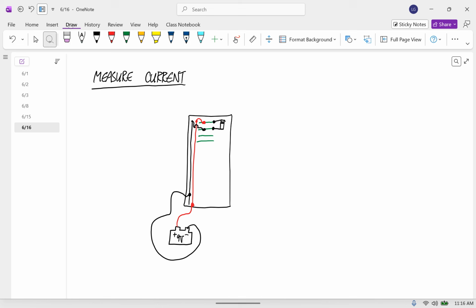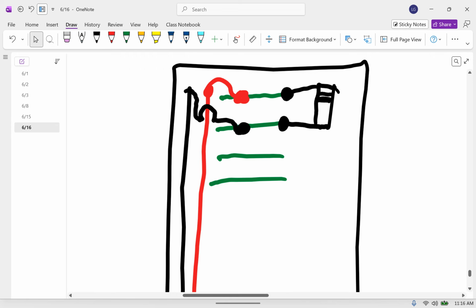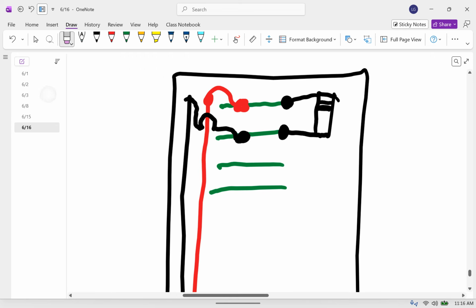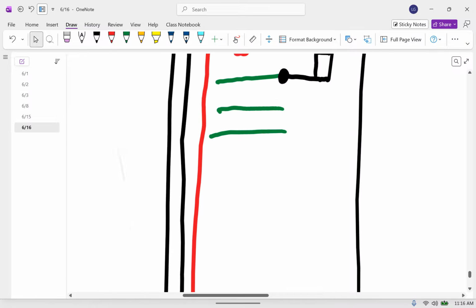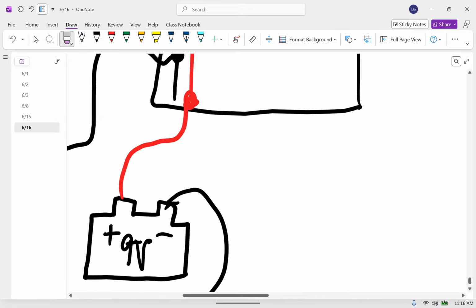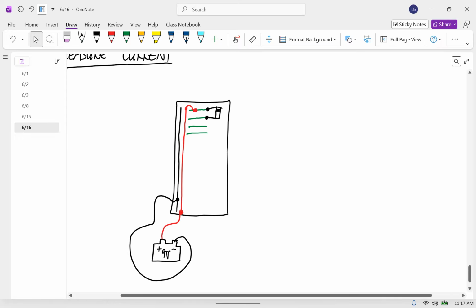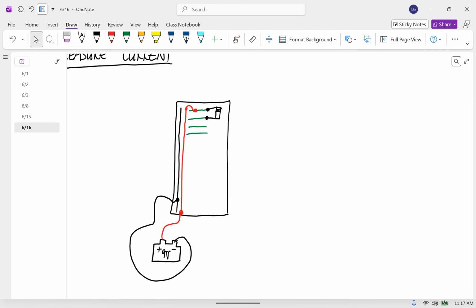Okay, so I'm going to imagine I have my circuit set up like this. So right now the current is going from the positive of my battery to the positive power rail into the resistor. But I am going to make a break here.